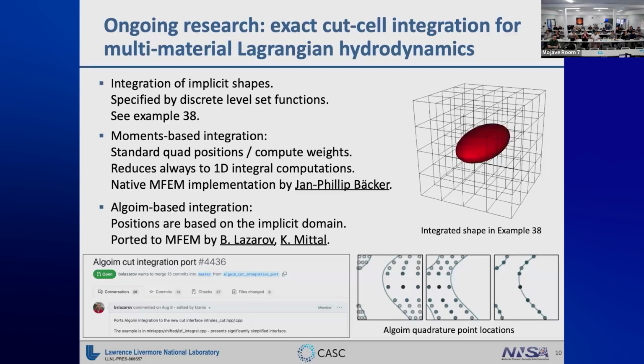It gives you some weird weights, but with these weights you actually integrate exactly. And this is native MFEM. You can see the example, 38.